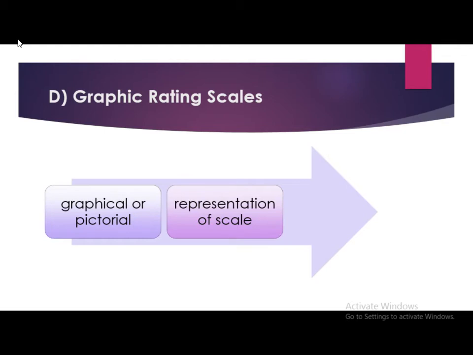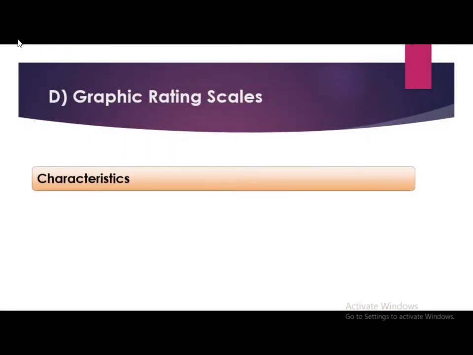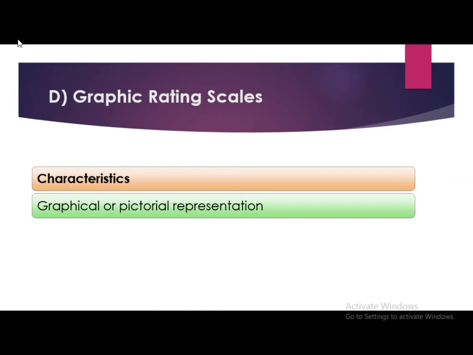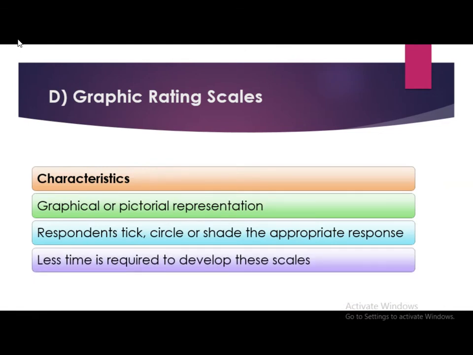The rating helps the respondents to quantify the opinion displayed. Here the characteristics are a graphic or pictorial representation. The respondents tick, circle, or shade the appropriate response, and less time is required to develop these scales.